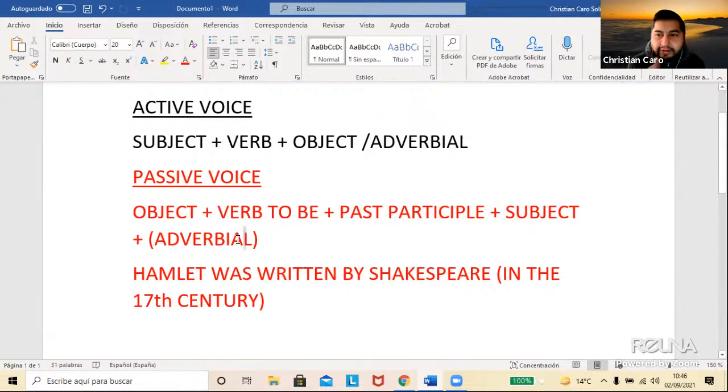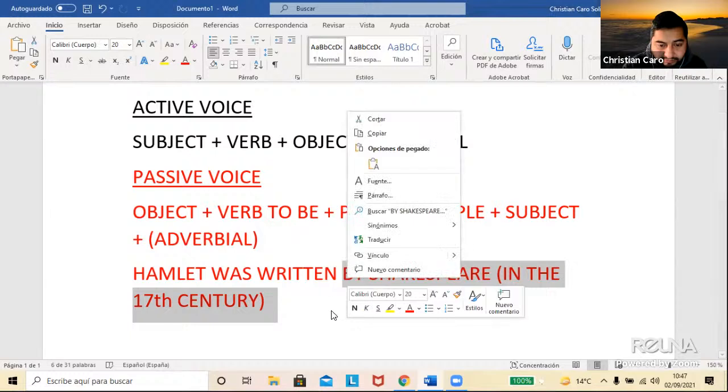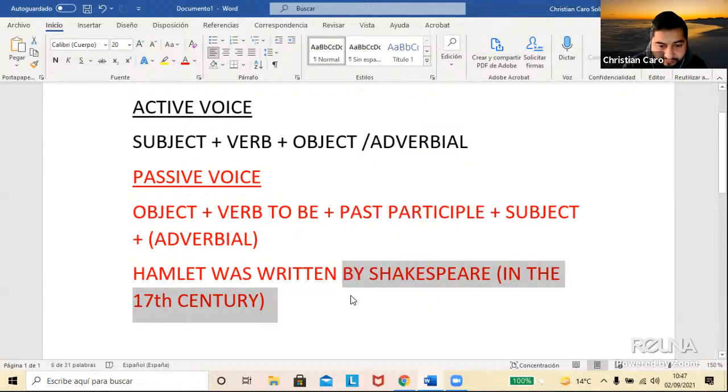If you want to add, for example, a date, year, or if you want to add a place in particular, that's optional. Okay. Example: Hamlet was written by Shakespeare. If you say, for example, Hamlet was written, and you just take it off, I'm gonna take it off in this case.